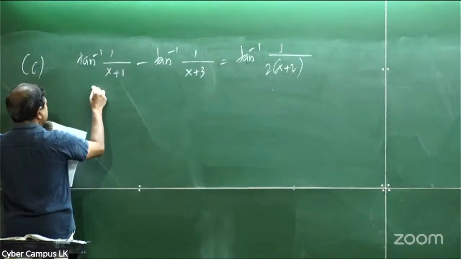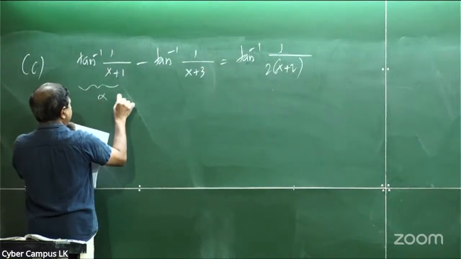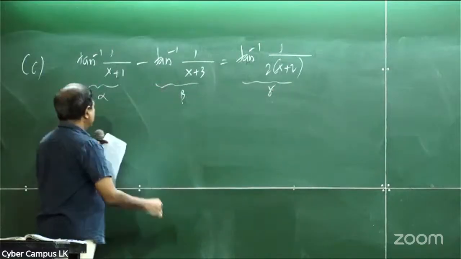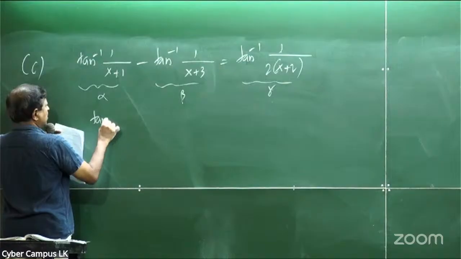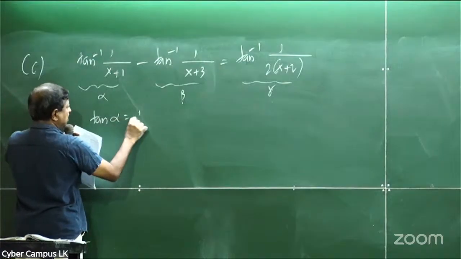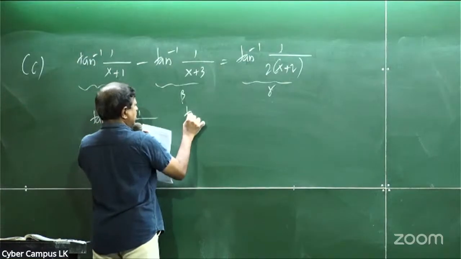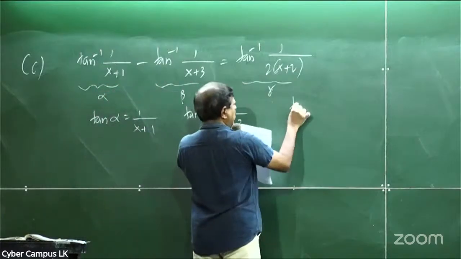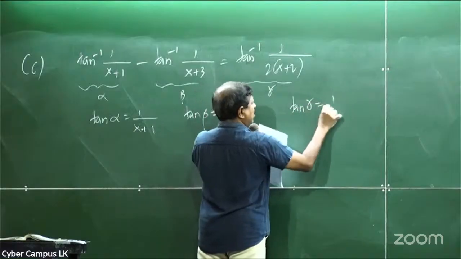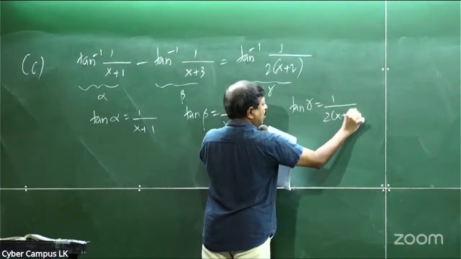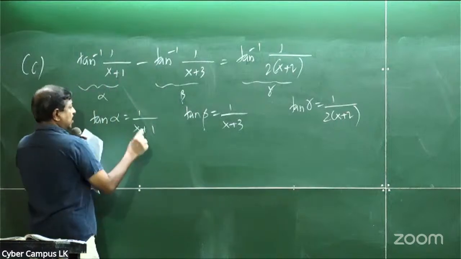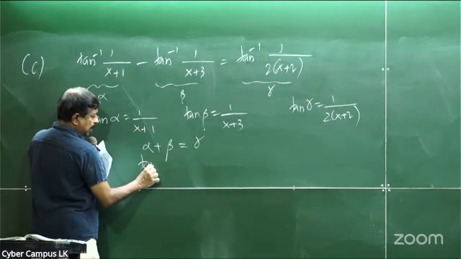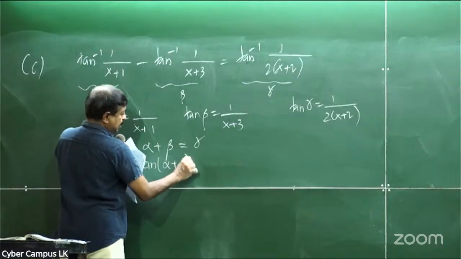Now you can take this as alpha. So alpha is this, so tan alpha is 1 over x plus 1. Now if you write this as alpha plus beta is equal to gamma, you can take tan of both sides.